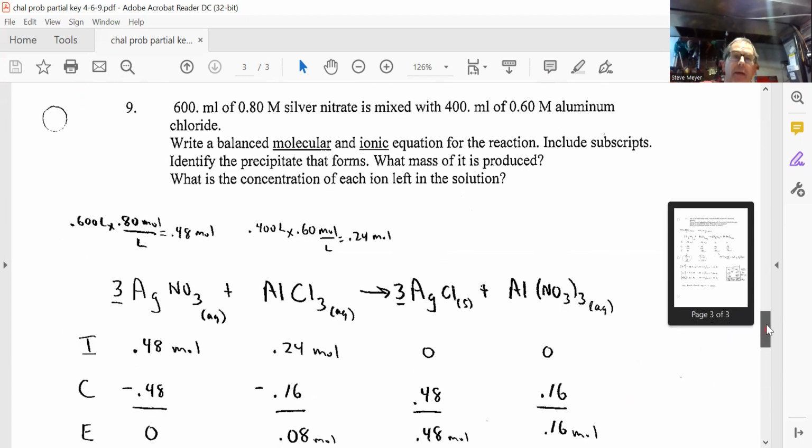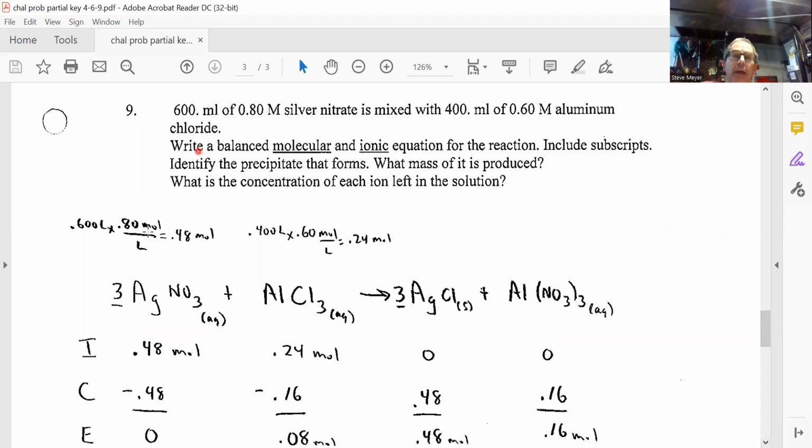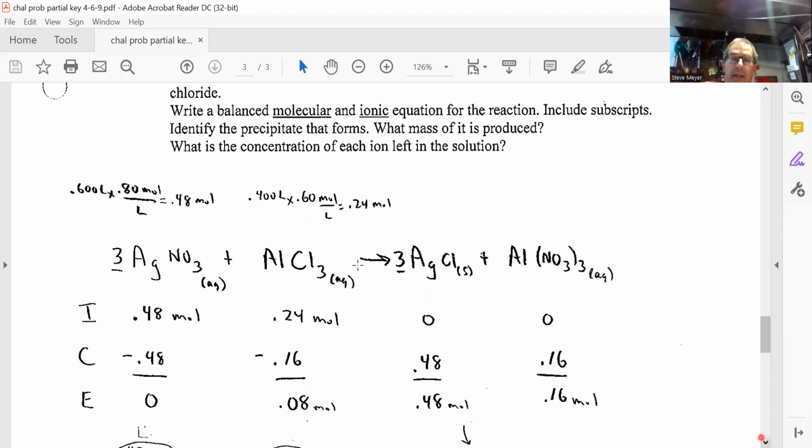So again, to review, I first balance my equation, figure out what's solid. Okay, next thing is I convert my liters of molarity to moles. I establish my limiting reactant as the AgNO3, figure out the moles of everything else. Okay, here I had to subtract to figure out the moles excess.